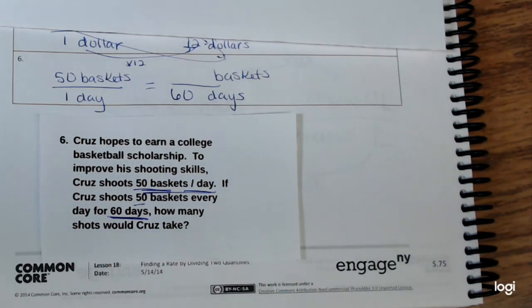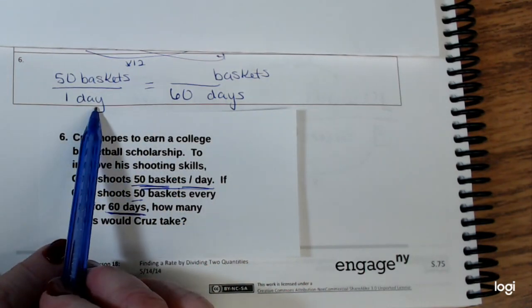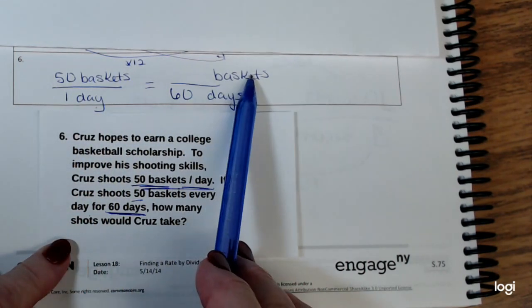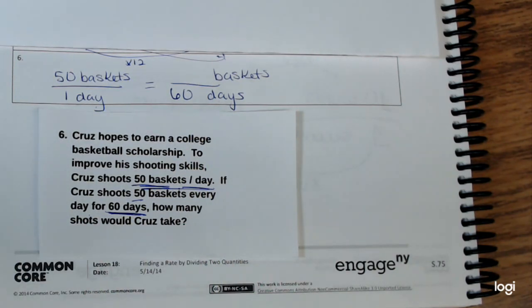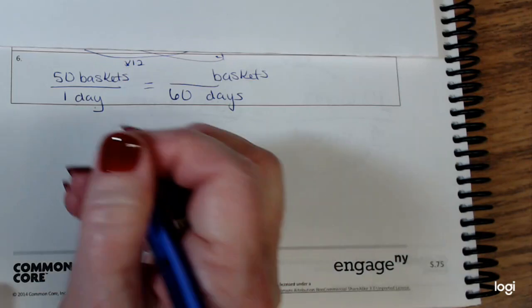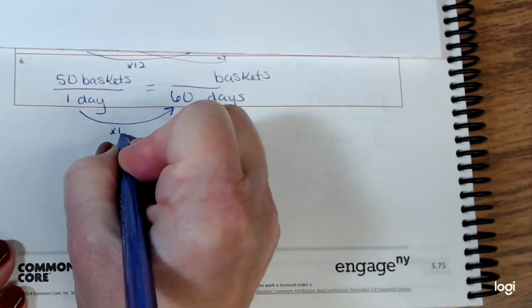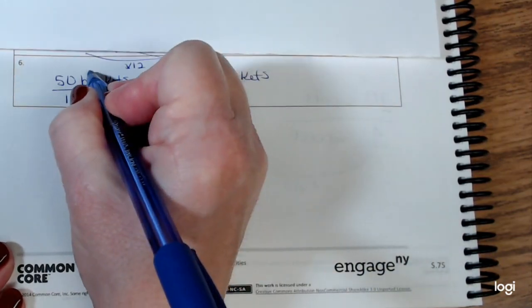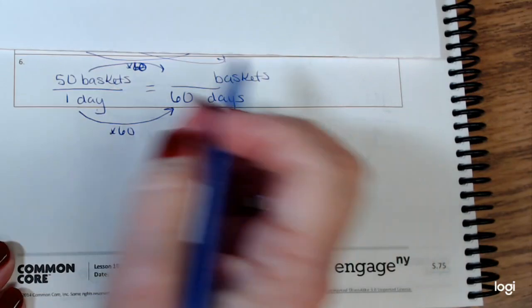All right, so I set up another proportion here. I did 50 baskets per day, and I had over here my baskets and days, and he's going to shoot for 60 days. Remember, two ways to solve proportions. We can either go across like this, 1 times 60. So now I have to do the same thing on the top, times 60.